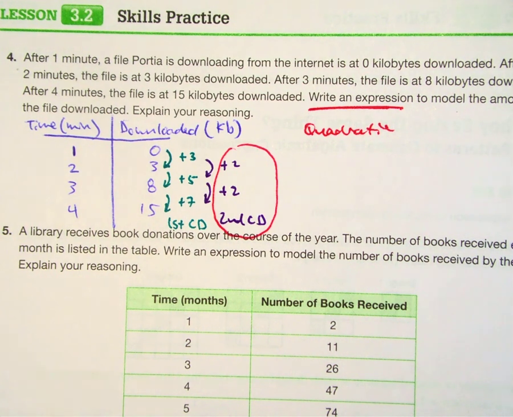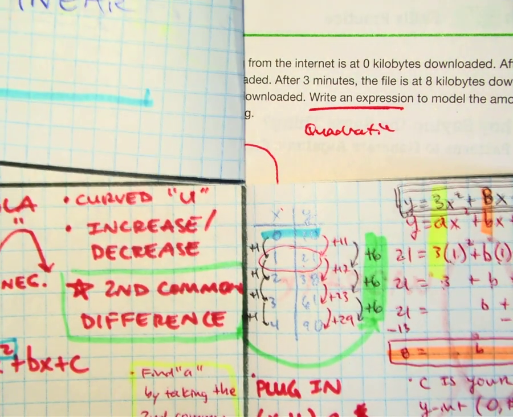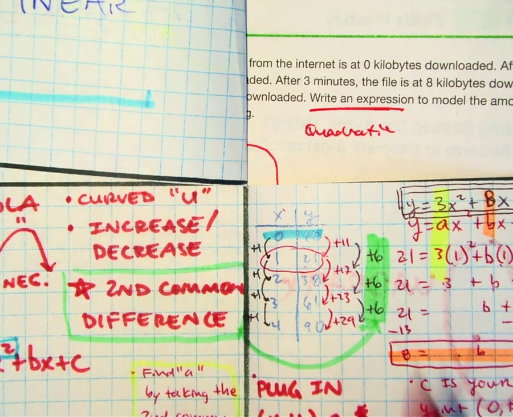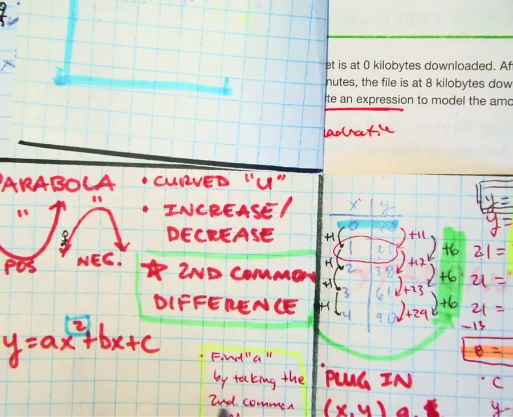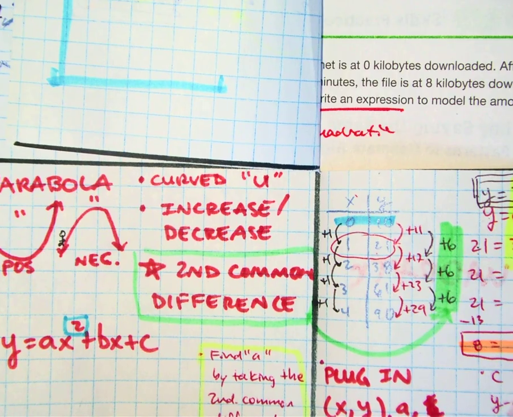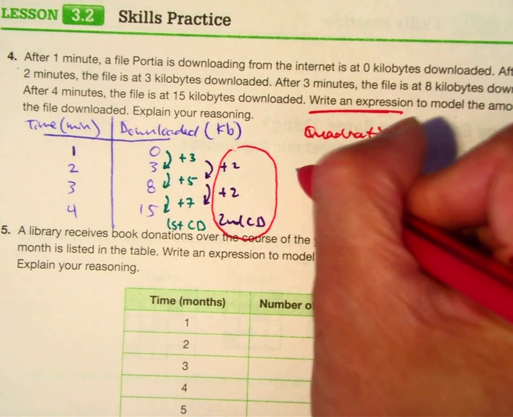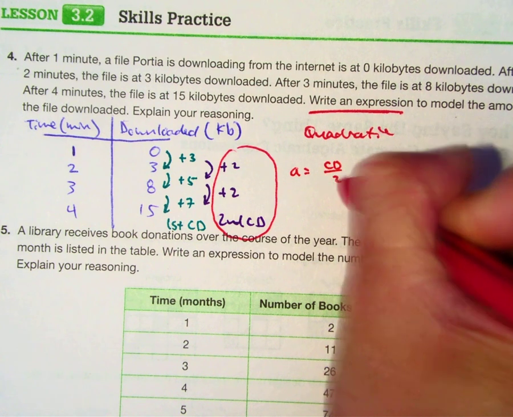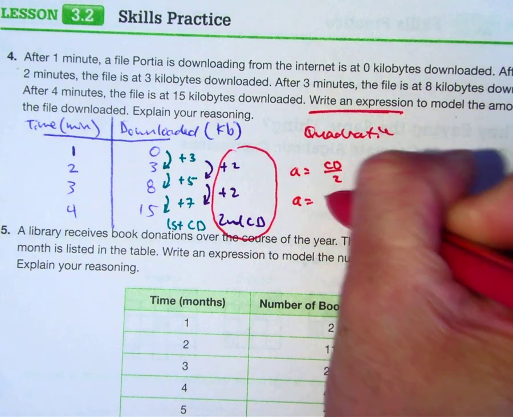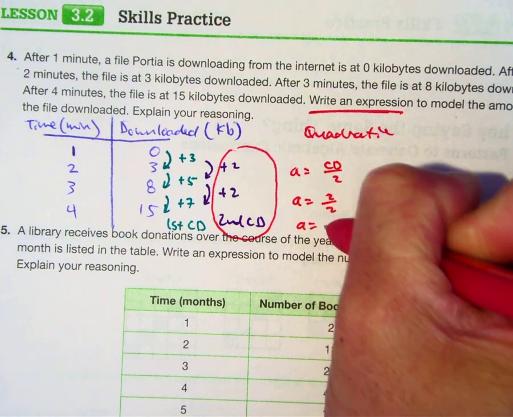We learned in here, how do you find the a value? By taking the second common difference and dividing it by 2. What's our common difference, class? So our a value is going to be 2 divided by 2, which is 1.